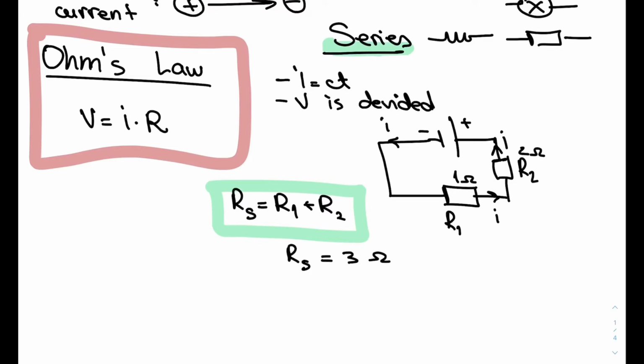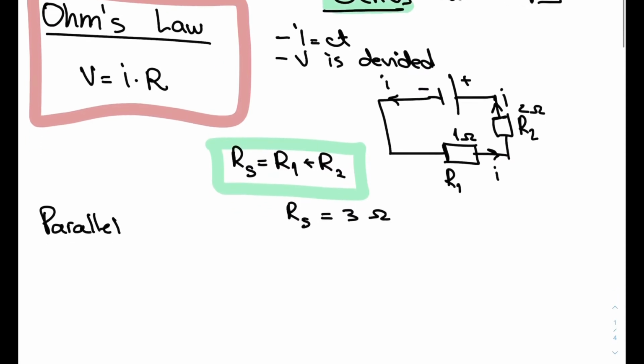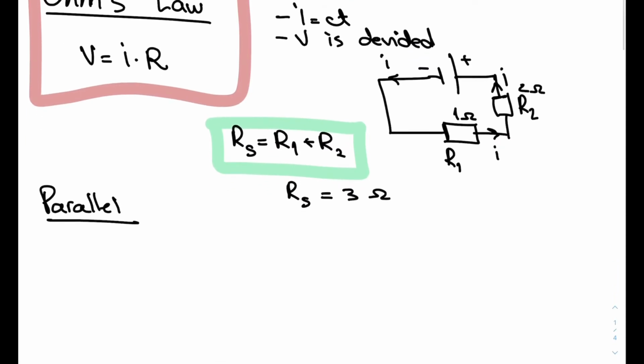Very, very easy. Then in the parallel case, okay, just skip this concept part if you just want to do the exercises, but this one will be very useful. In the parallel case, the current is actually divided and the voltage is constant, okay? So here we'll take this example.